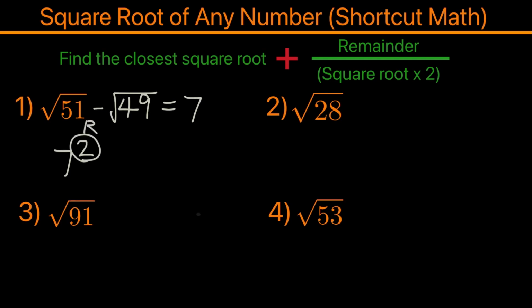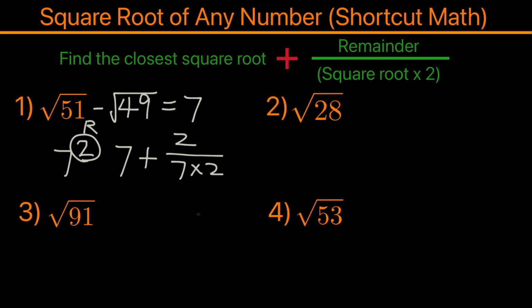And so the next step, we will basically take 7 plus, we place the 2 as a numerator, and then the denominator will take the square root, which is 7 times 2.